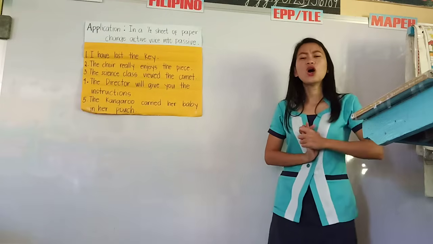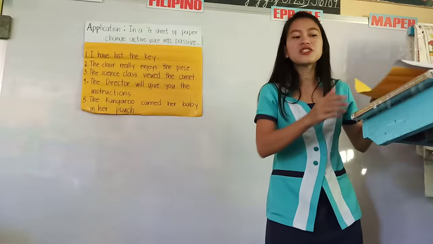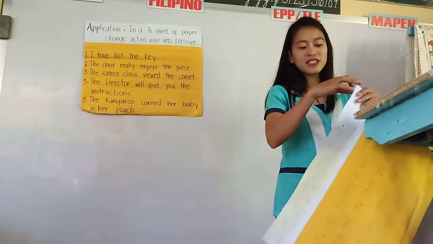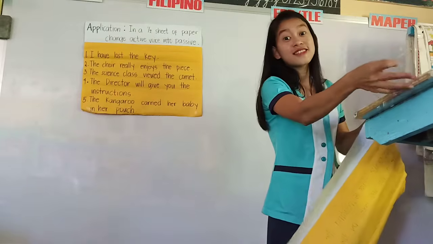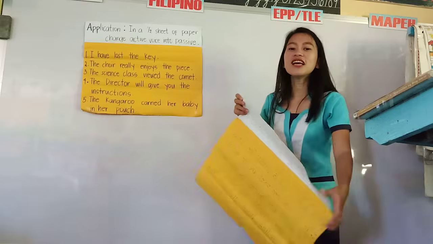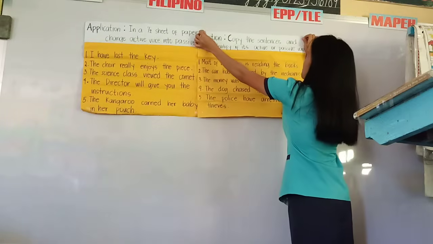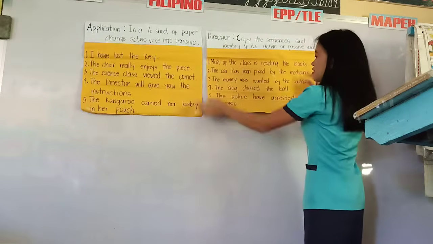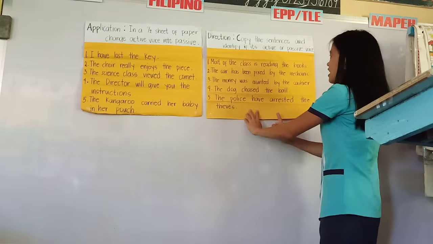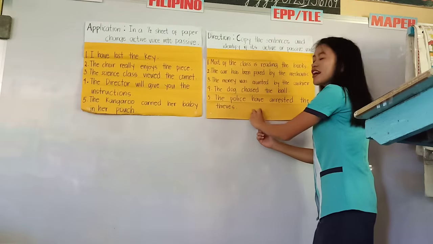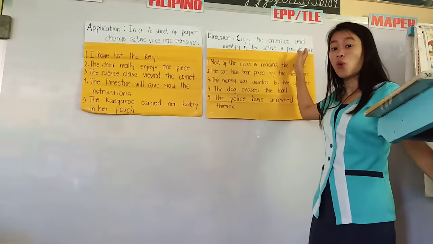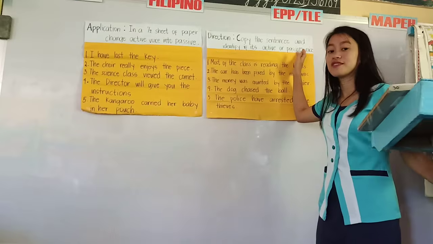For the last time, for me to further assess your knowledge about active and passive voice, let's have another activity. Once again, in a 1/2 sheet of paper, kindly copy the sentences first and try to identify if it's in active or passive voice form.